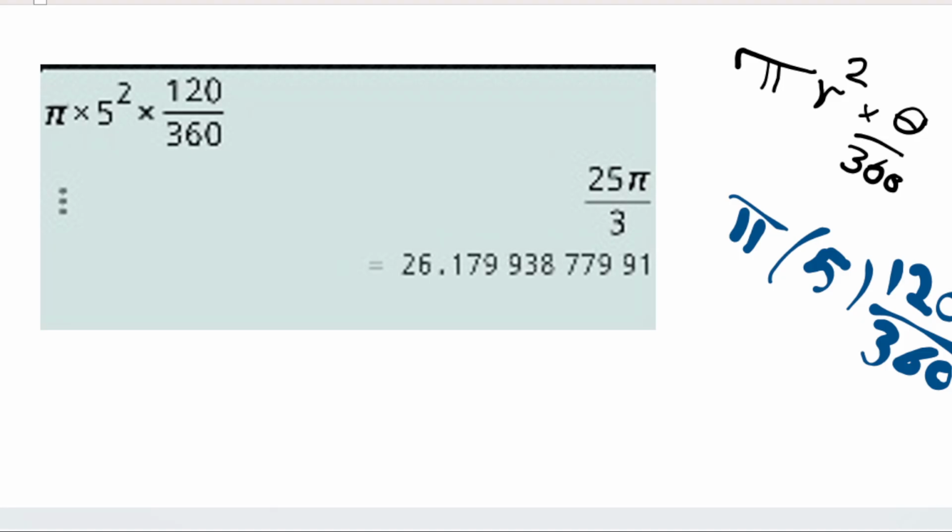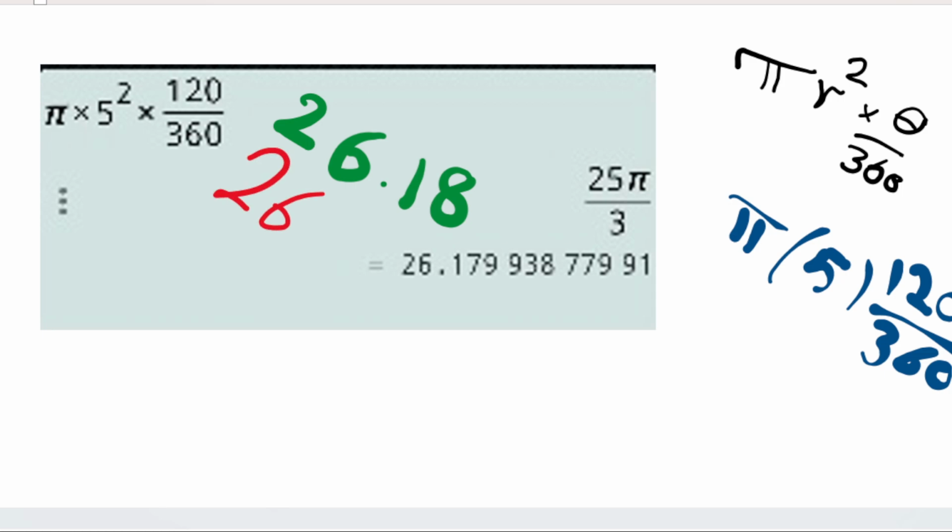And then the answer is 26.179. If you want your answer to two decimal places, it's going to be 26.18. And if you want the answer to one decimal place, it's 26.2. And that's it.